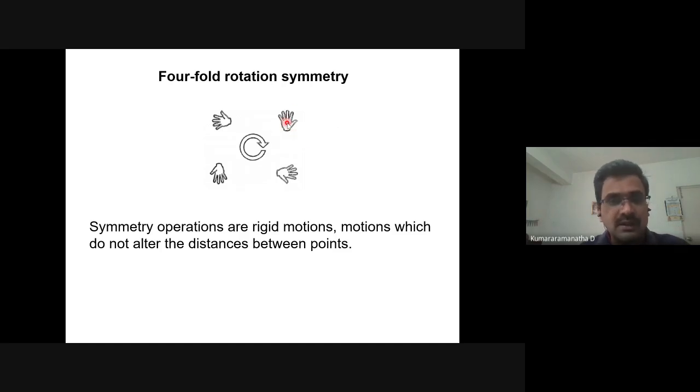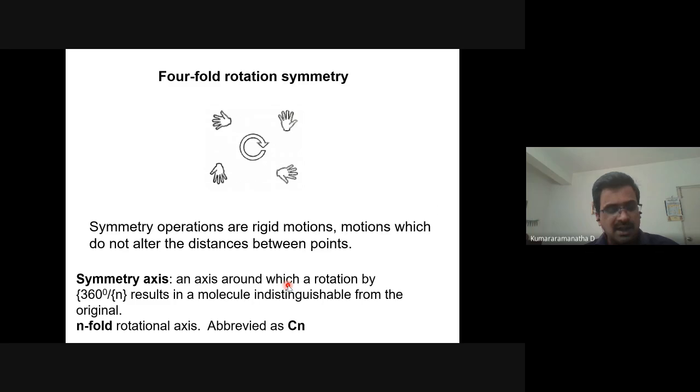Whatever you started with, you end up in the same position by doing 90, 180, 270, and 360. So that is essentially fourfold rotation. How can you say your hand is symmetric? Not both hands, one hand. It is symmetric by doing a fourfold rotation.